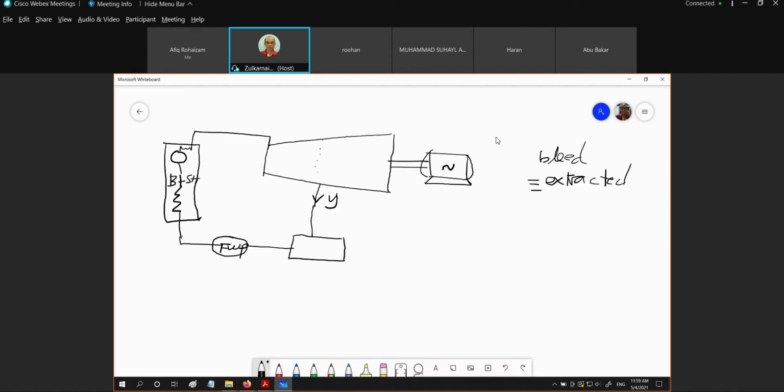And of course, when we have a closed type of feed water heater, the bled steam and the feed water do not mix. Okay, they do not mix. So of course, this is from the condenser side.